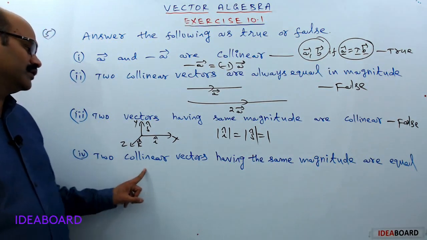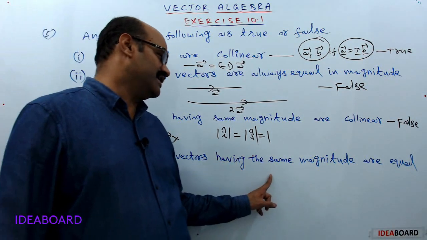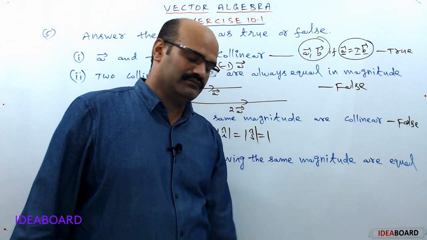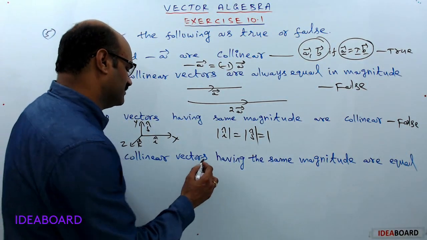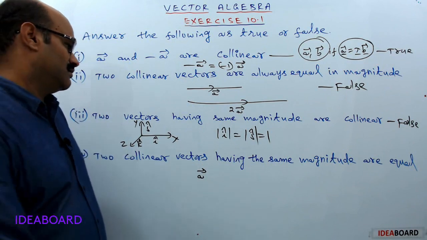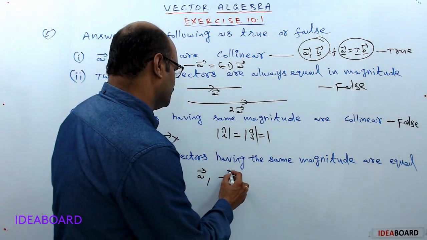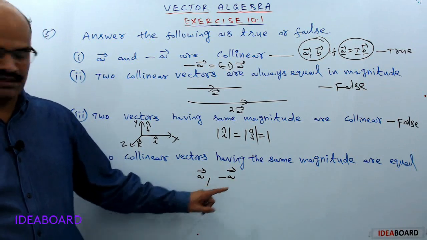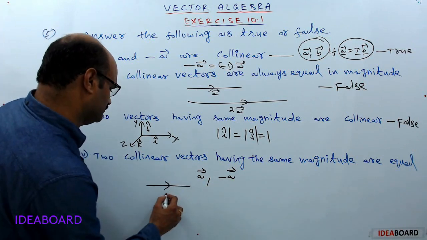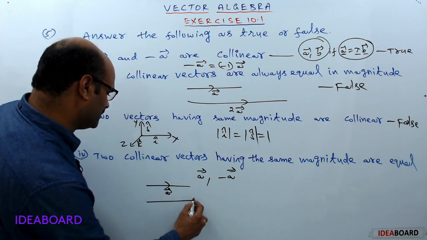Next, two collinear vectors having the same magnitude are equal. Take two collinear vectors: vector A is one vector and the other is minus vector A. A vector is this one and minus A vector is this one.